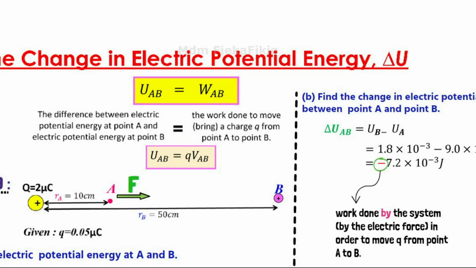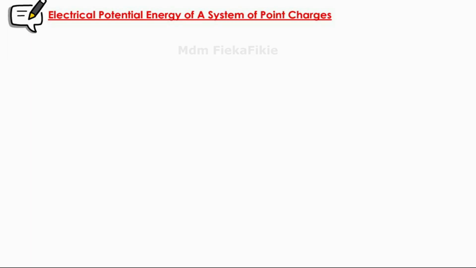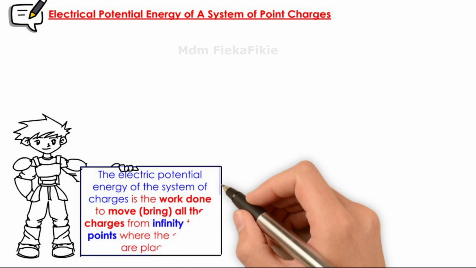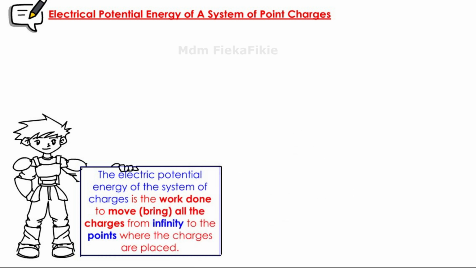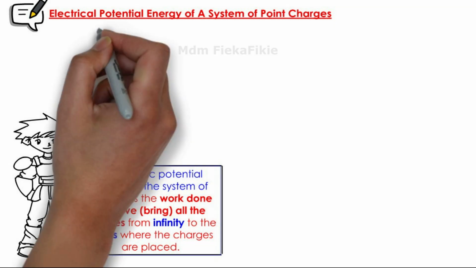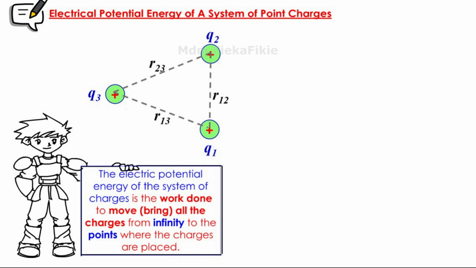Alright, part yang seterusnya adalah berkaitan dengan electrical potential energy of a system of point charges. So the electric potential energy of the system of charges is the work done to bring all the charges from infinity to the points where the charges are placed. Okay, so kita akan nampak dekat sini, let's say we have 3 charges here, Q1, Q2 and Q3.